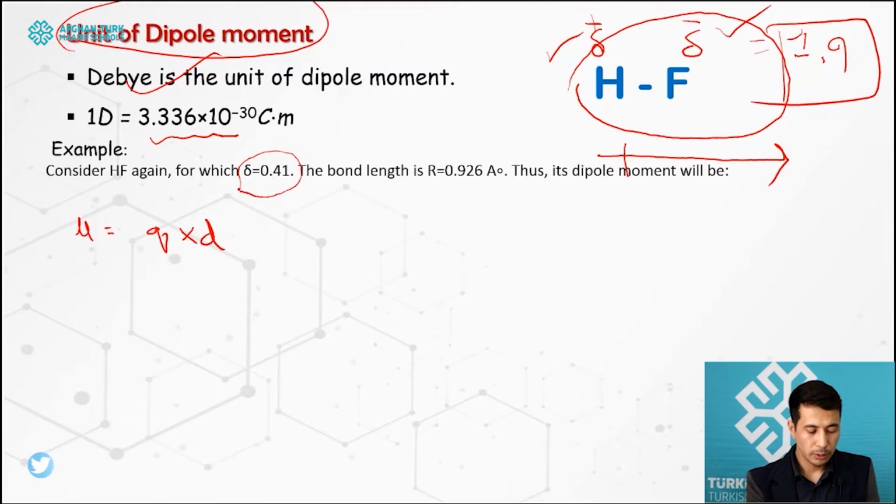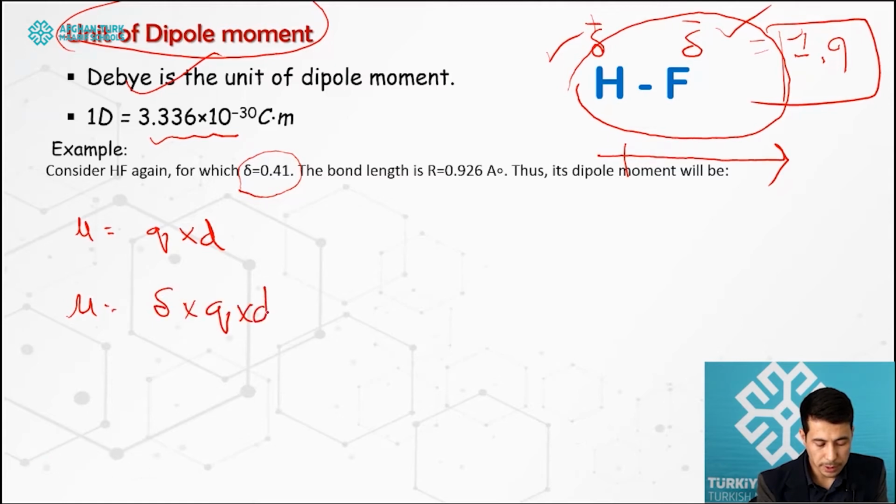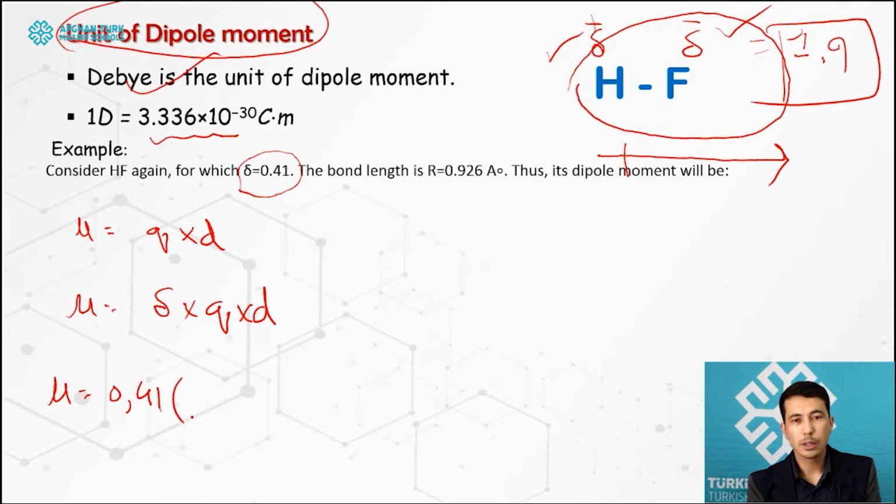So in this case we have to make a little change in our equation. We have to write it like this: mu is equal to delta times q times d. So if you want to put in the values, delta will be equal to 0.41. What's the charge of one electron or one proton?